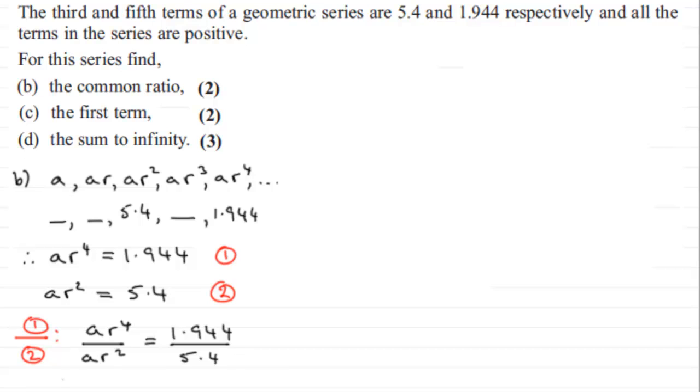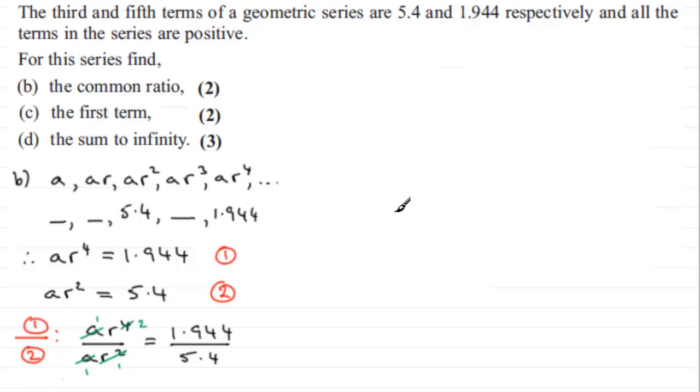And we can see that the reason for doing this is that the two a's cancel one another out, so it eliminates the a's. And r squared will go directly into r to the power 4. It will give us r squared.